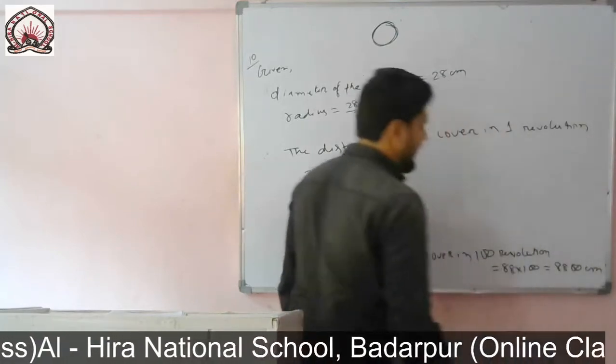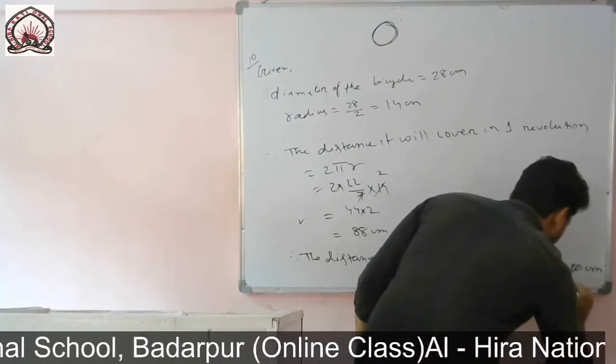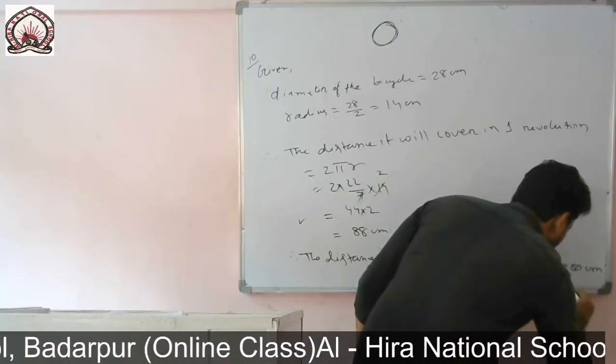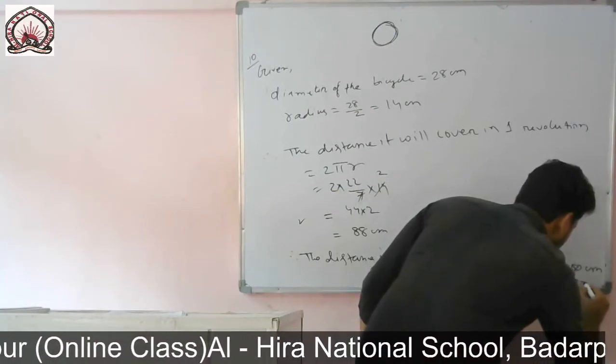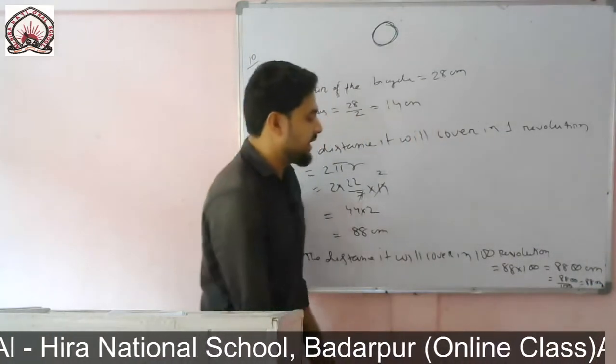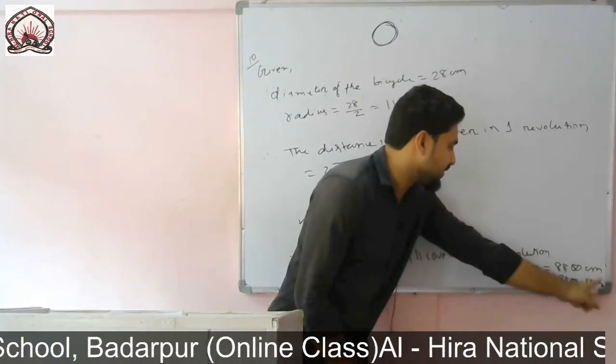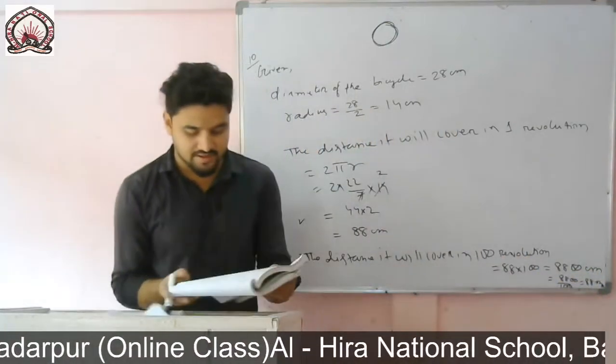And if you convert it into meter, then you divide by 100. 8800 by 100, you will get 88 meter. If you divide by 100, then it is converted from centimeter to meter. So that is the answer.